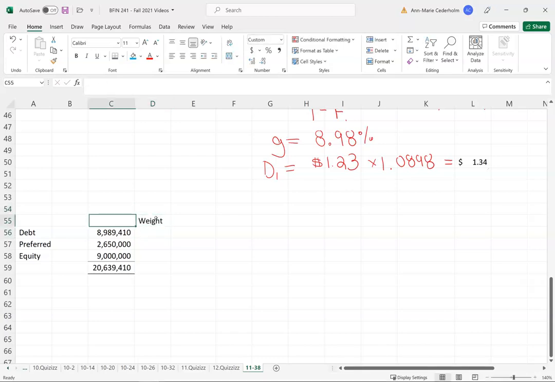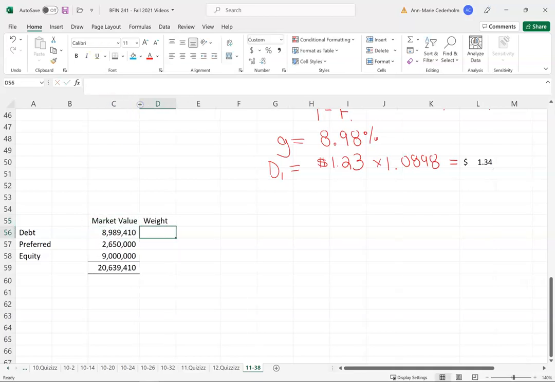So I'll just say this is market value. If I weight that, this is how we get the weightings. We can do 8,989,410 divided by 20,639,410. And that gives me 44%, or you can even see it rounding as well.